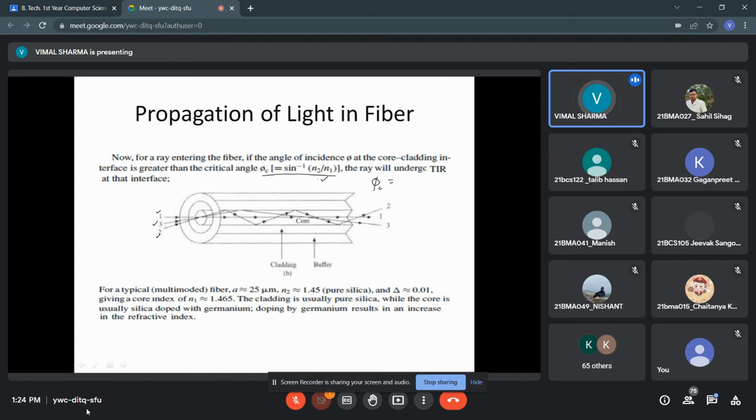If I give you a small problem to do, for this ray, which makes angle phi c at the core-cladding interface with the normal, you tell me what angle it makes with the axis of the optical fiber. Let me draw it here for you. This is my optical fiber.